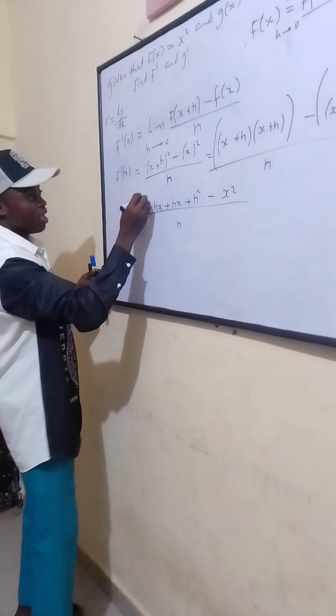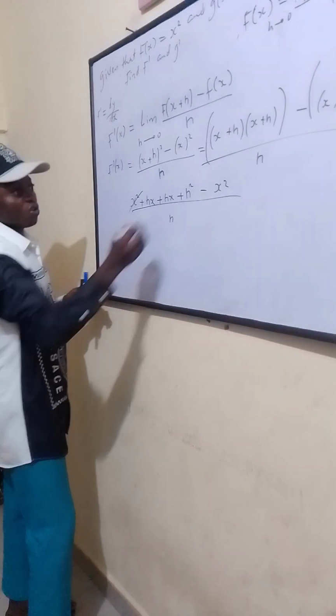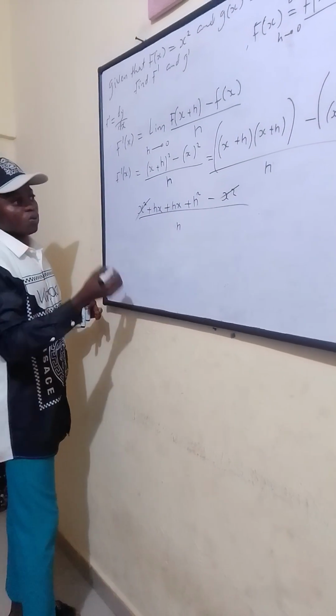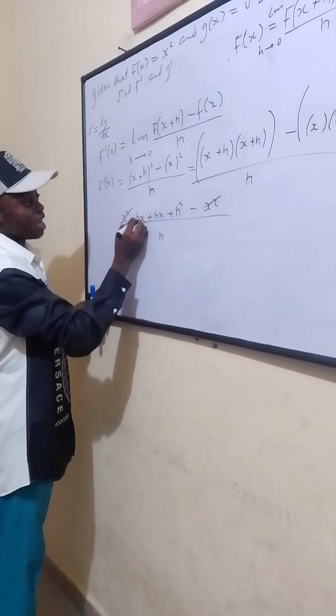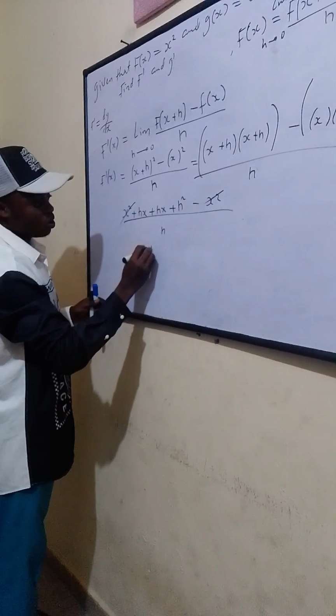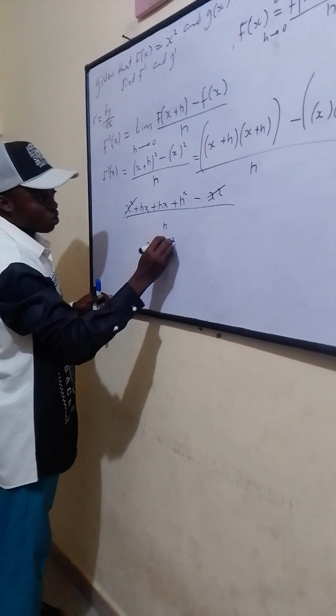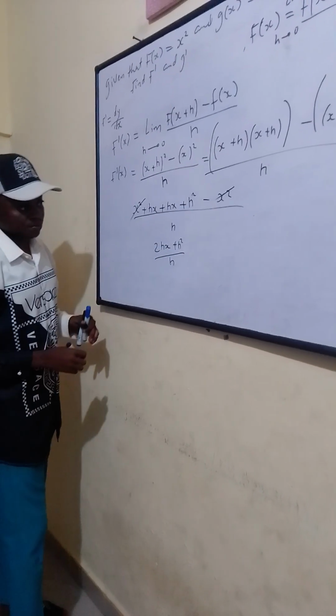What do we do? Plus x squared we carry minus x squared, we're left with hx plus hx, we have 2hx plus h squared all over what? h.